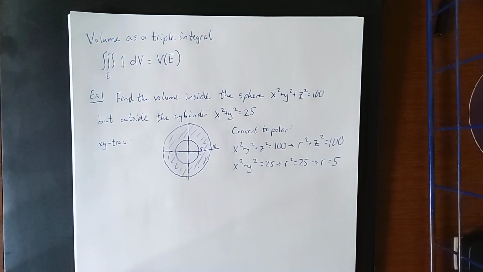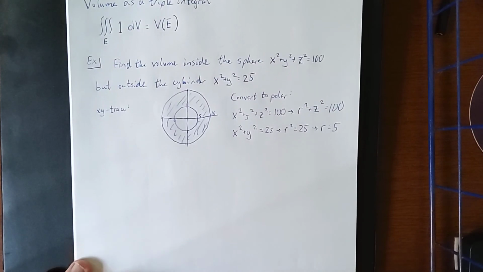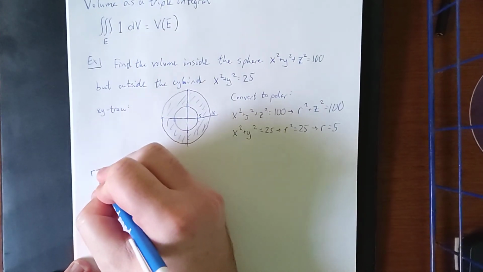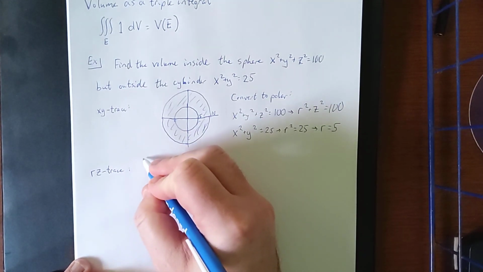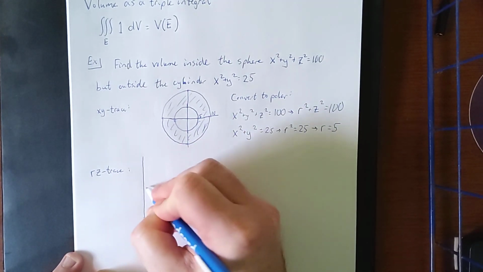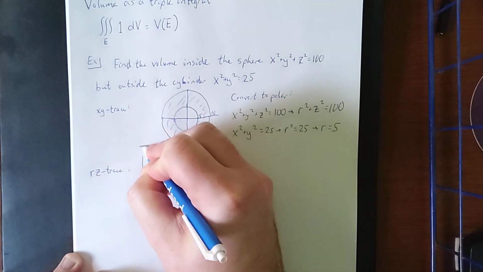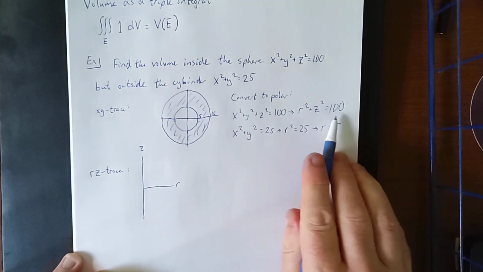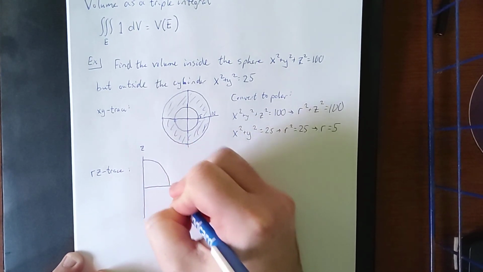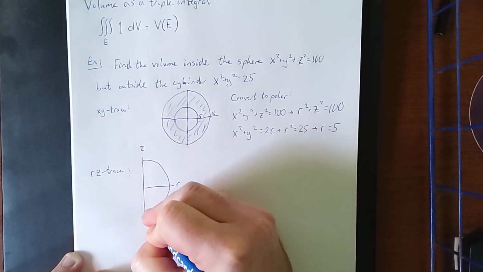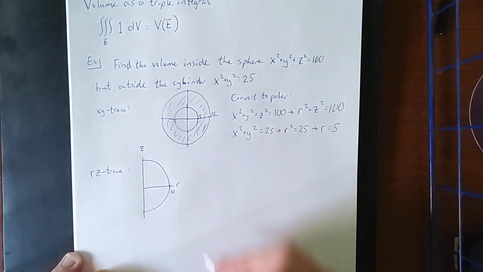So if we were to analyze this thing within the RZ trace, we would see the following. So first off, circle with radius 10.